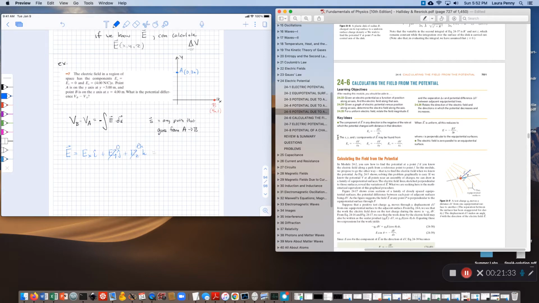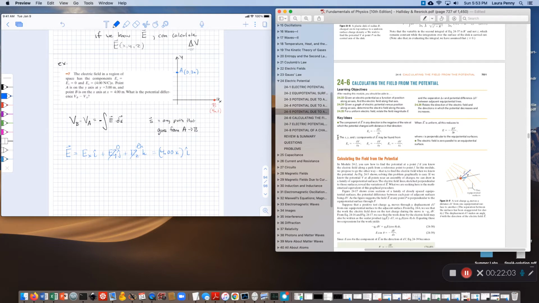And so what I really have is an electric field which is only this E sub x. It's 4.00, just saying that the units should come out in newtons per coulomb, times x i hat. So that's my equation for the electric field.